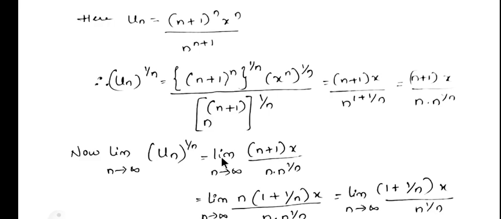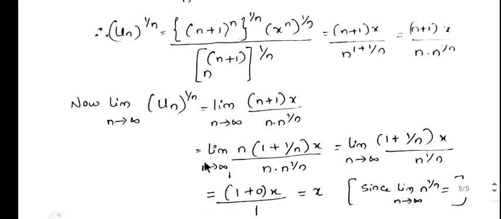That is limit n tends to infinity of un whole to the power 1 by n, which is equal to limit n tends to infinity of this value. After applying the limit, where n is tending towards infinity, if I take n common out, we remain with 1 plus 1 by n.